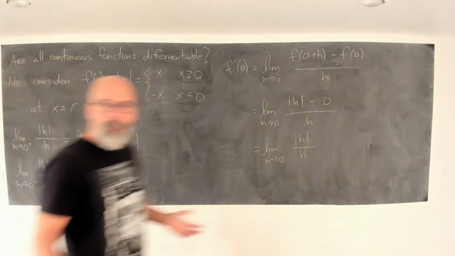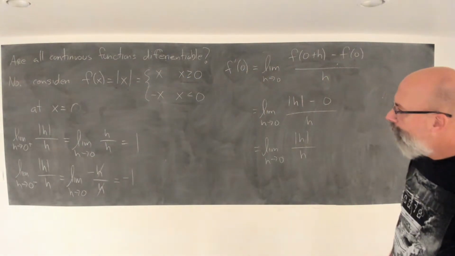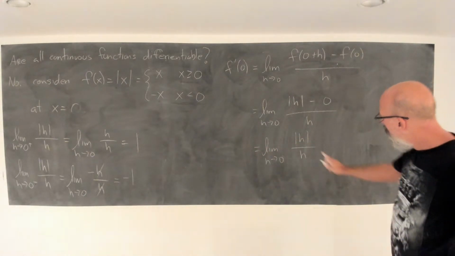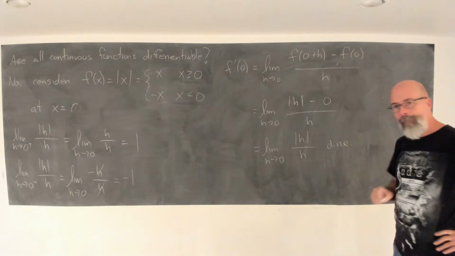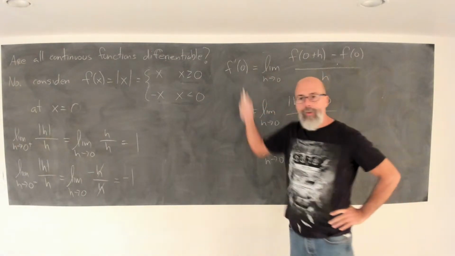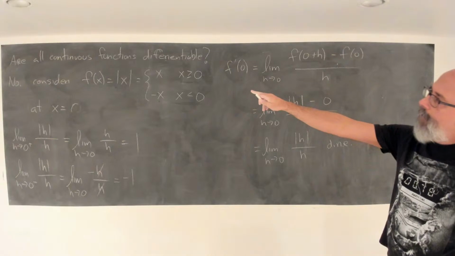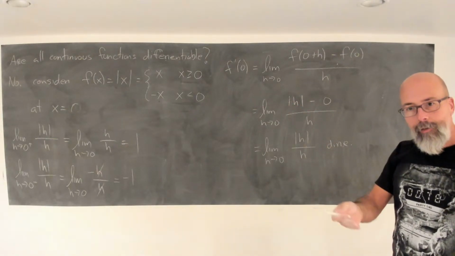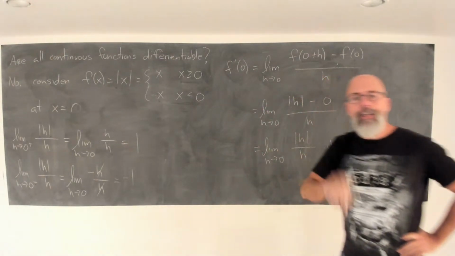Conclusion, limit from the left and limit from the right are not equal. This limit does not exist. But that limit was the derivative at 0. The absolute value of x is a continuous function whose derivative at 0 does not exist.